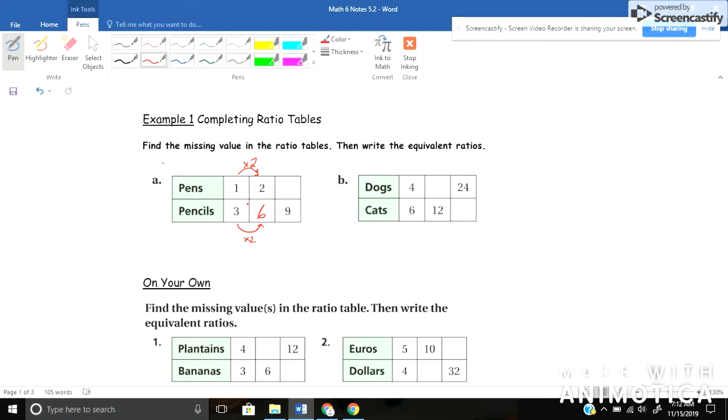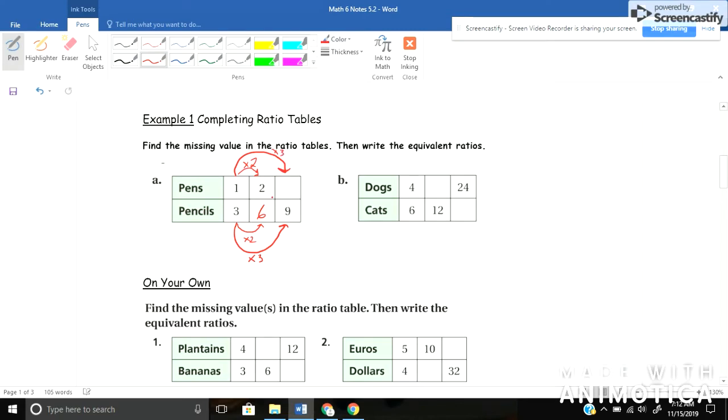And then you might say, well, how do you go from 6 to 9 by multiplying? You can't do that. Well, what you can do is ask yourself, how could you go from the original 3 to 9? Well, you'd multiply by 3. So to find our answer up here, we go from our original and multiply by 3.